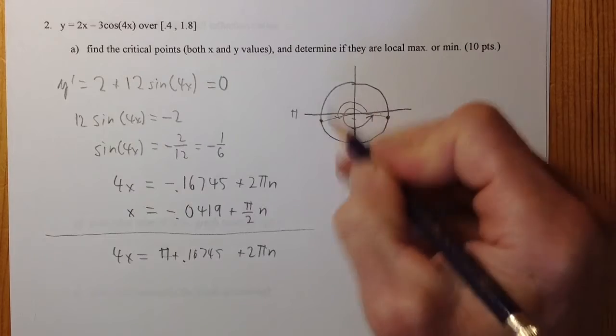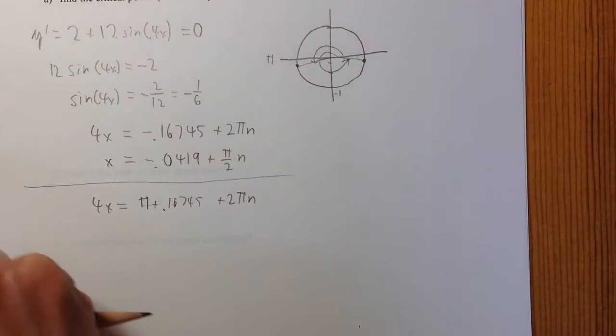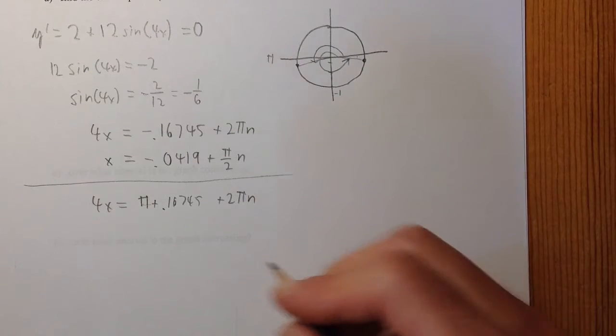Because again, we can go around and around the circle, forwards or backwards. Okay, so what's that equal to? Pi plus that 0.16745, I get about 3.31.